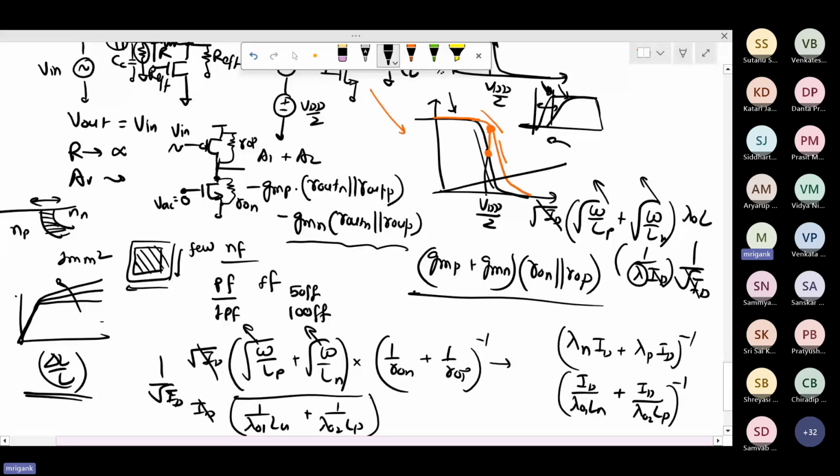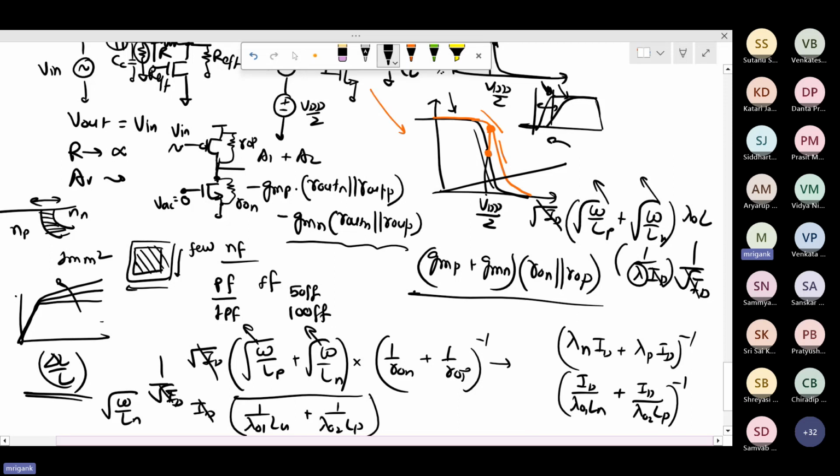Now ID, because here there is no bias current, if I break the ID into the W by L dependency, ultimately this also depends upon W by L. So this is something like W by L P and W by L N. If I take just one of them, it also has the W by L dependency. Now if I assume that roughly this 1 upon root L is getting cancelled with the upper one, you are left with 1 upon lambda naught Ln and 1 upon lambda LP.